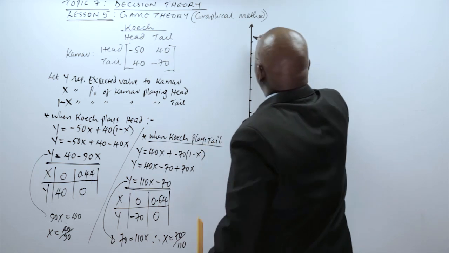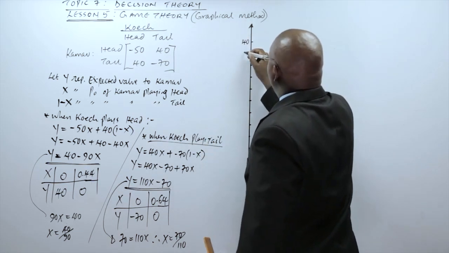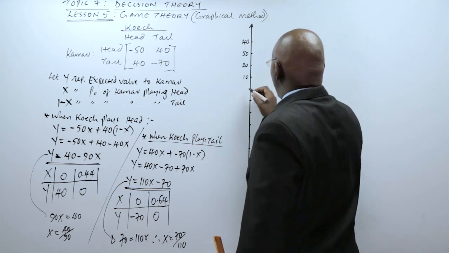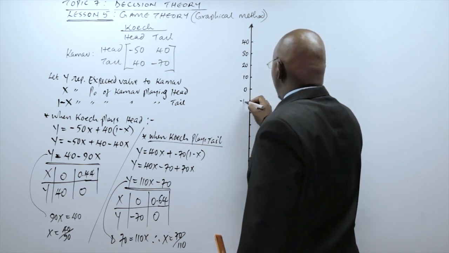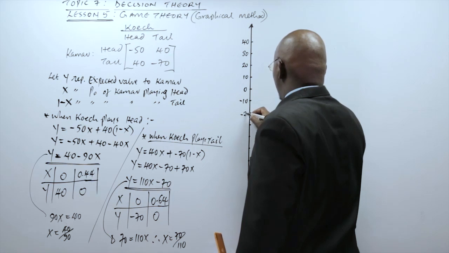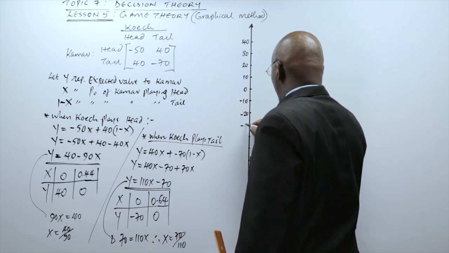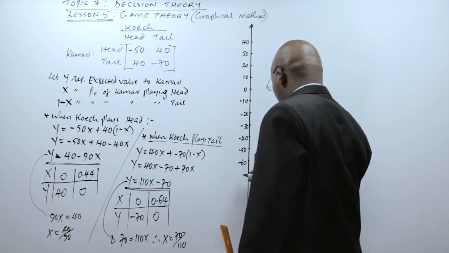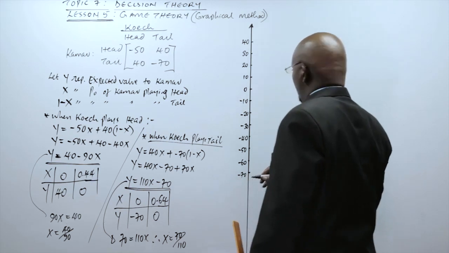So if this is now my 40, my 30, my 20, my 10, my 0, then minus 10, minus 20, minus 30, minus 40, minus 50, minus 60, and then minus 70.